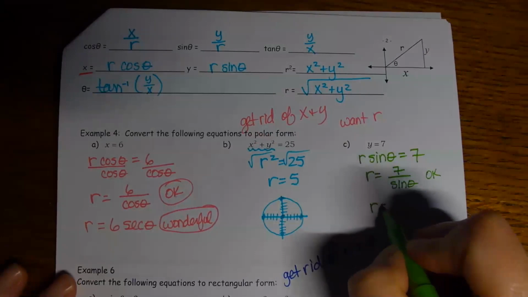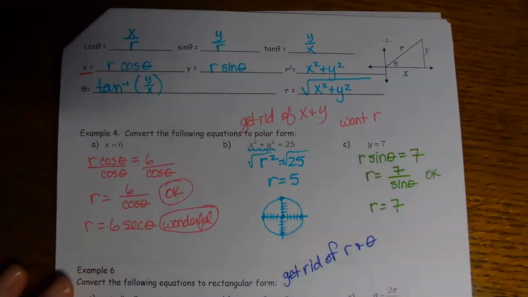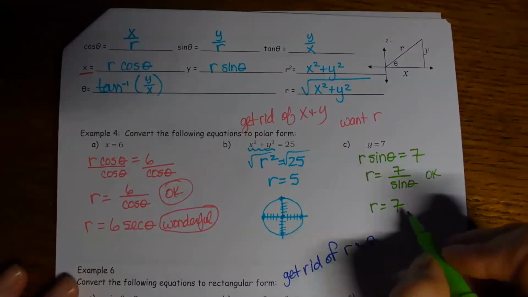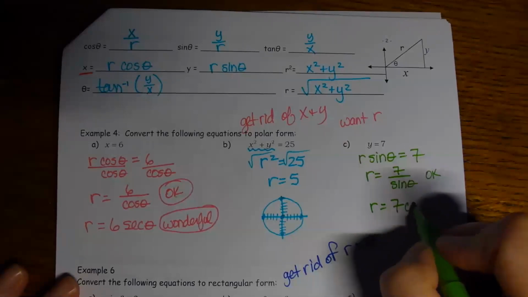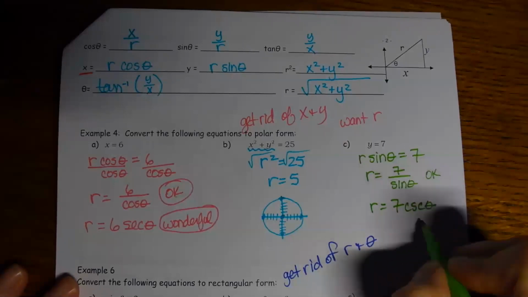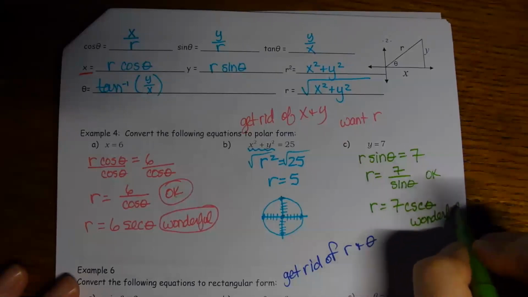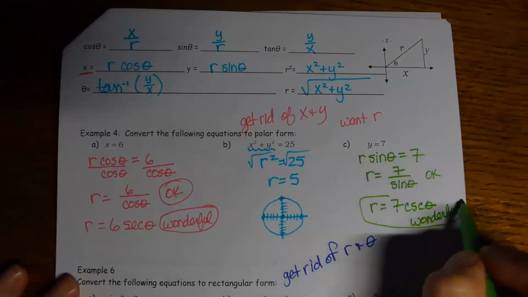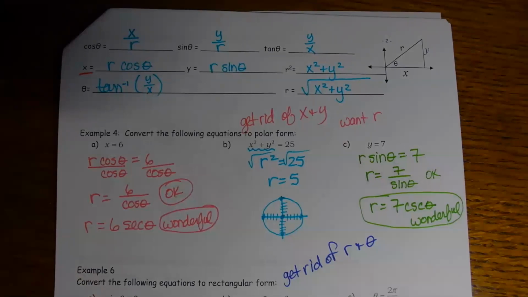What's the beautiful answer? The reciprocal of sine. Wonderful. This is what we want, right? We don't leave trig functions in the denominator. We are professionals. This isn't too bad, is it? If you have your examples to look at, you could do this.